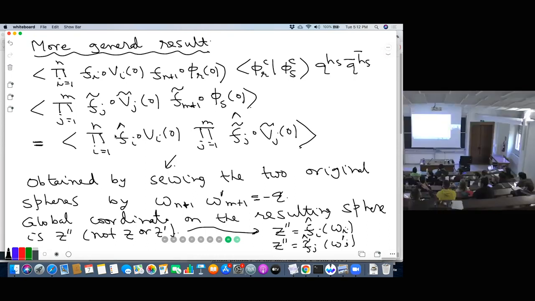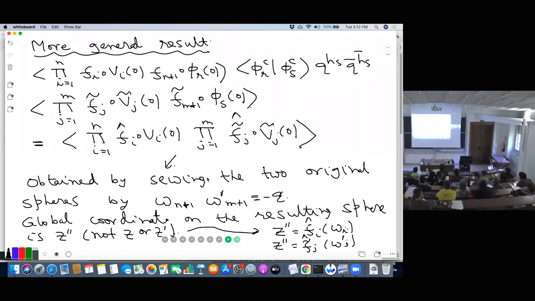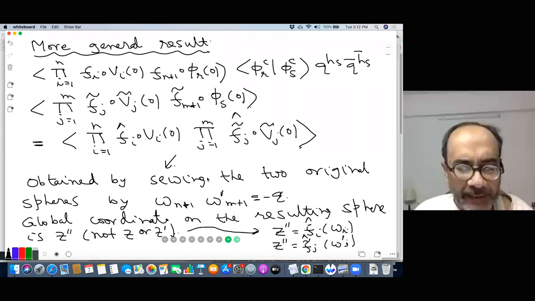Can we use the Schottky group construction of that glued surface to write the coordinate z double prime? Yes, we can certainly do this. Is it then obvious how z double prime will be written in terms of the Schottky group, or is it still hard to find it? Typically, you have to solve a differential equation to do this.